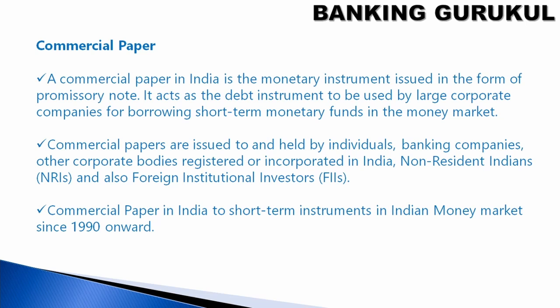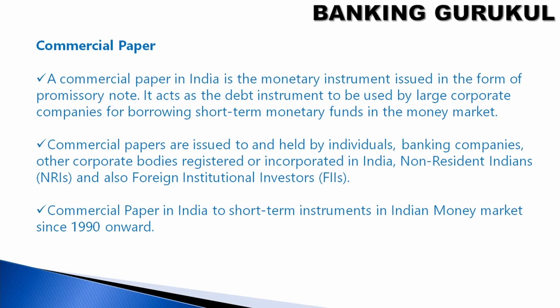It acts as a debt instrument used by large corporate companies for borrowing short-term monetary funds in the market. So these commercial papers will be used by large corporates or banks for borrowing short-term monetary funds from the money market.